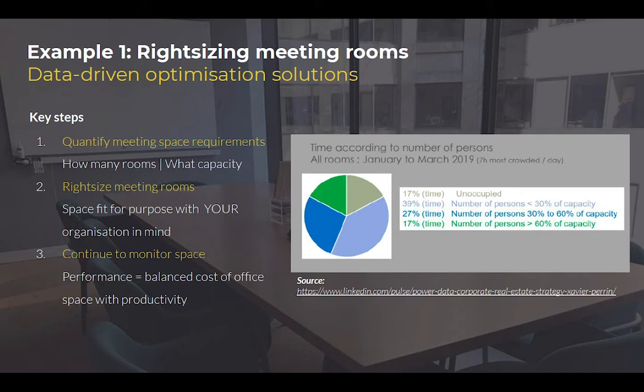So this screenshot on the right is actually from an article published just this month by Microsoft's Real Estate Portfolio Director, which also exemplifies the mismatch that Microsoft observed in their own offices.